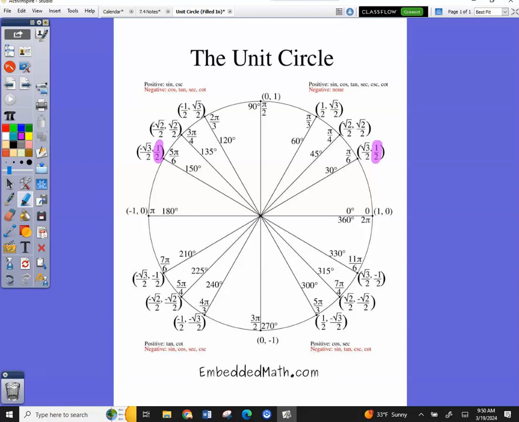Now the catch is, there's a restriction, because if you look at the graph of the inverse sine, cosine, tangent, they don't pass the function test. So we have to restrict it, so just a snippet of it will pass the function test.